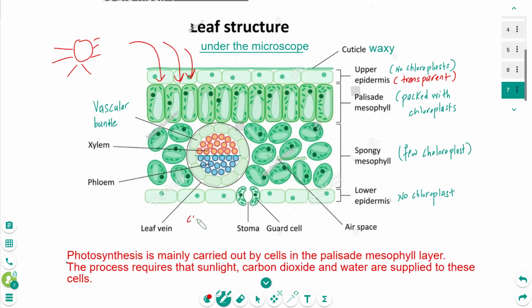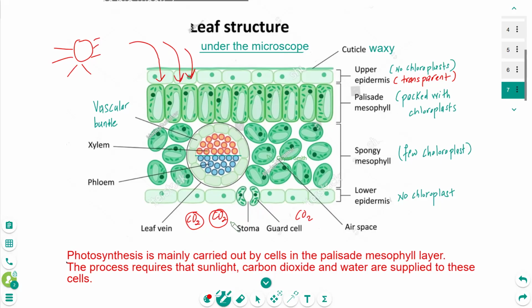The other thing that they need is carbon dioxide. Carbon dioxide is not hard to get either because that's in the atmosphere. The carbon dioxide can pass through the pores, through the stomata. Let me see if I can put a pathway.